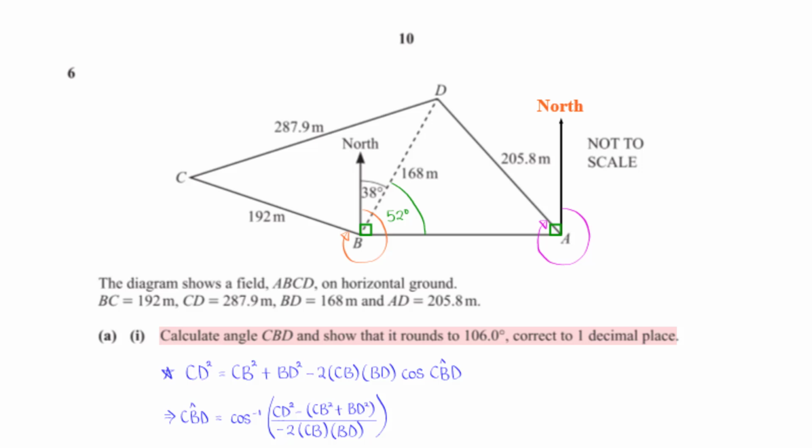To find angle CBD, we can apply the cosine rule. And so when we apply the cosine rule and make angle CBD the subject, we have cos⁻¹ of (CD² - (CB² + BD²)) / (-2 × CB × BD).